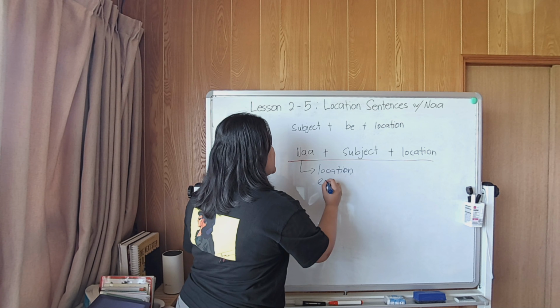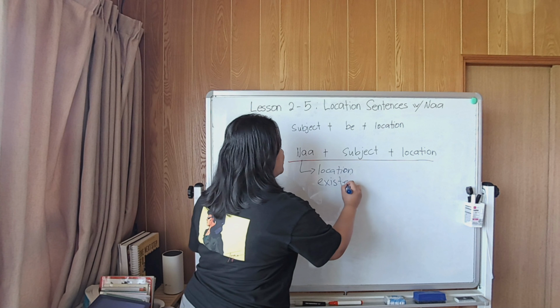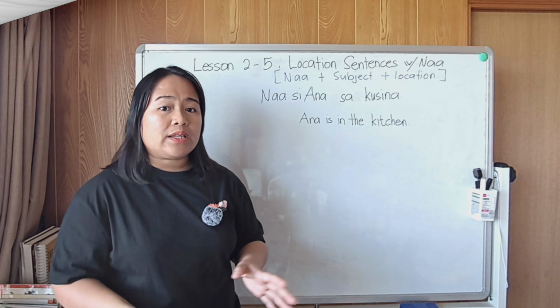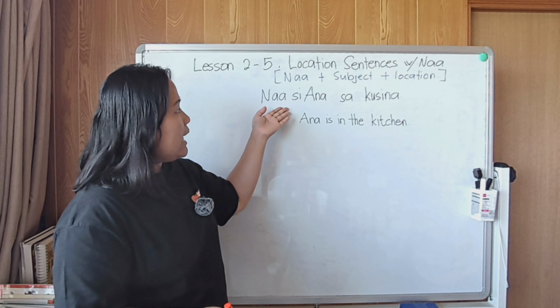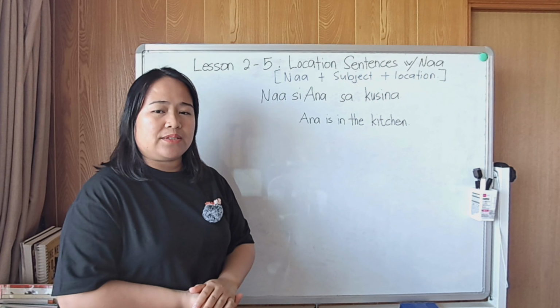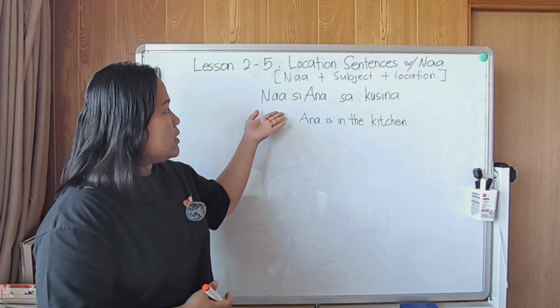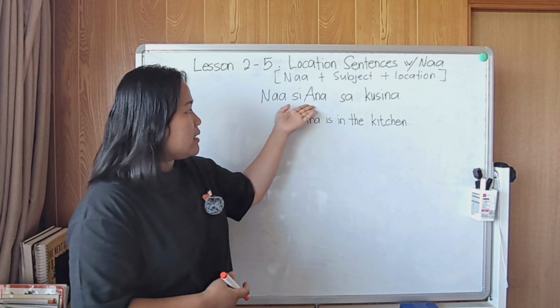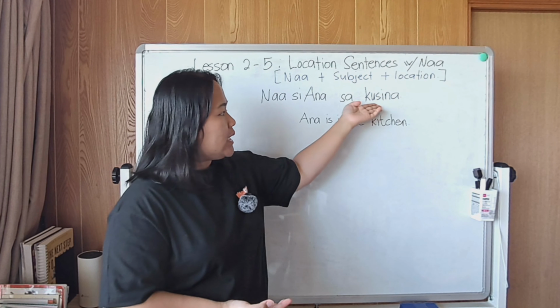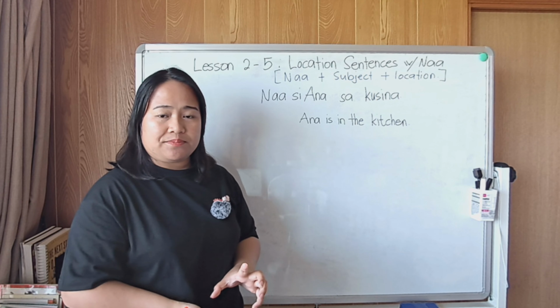Or existence. Look at this sentence. Naa si Ana sa kusina. Naa is located. Si Ana is Ana, a woman's name. Sa kusina means in the kitchen.